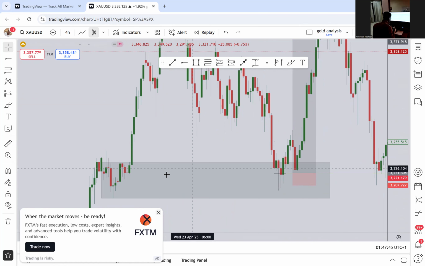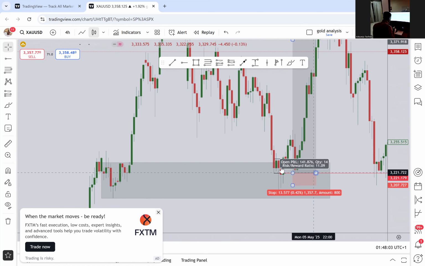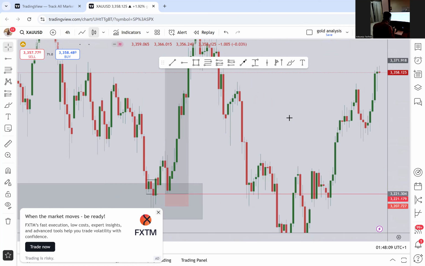So you can see that we have this level of demand, price tapped it, but it kind of tapped this low and then came for this demand below, and then went ahead, broke this first tap of this demand, and then it came back inside of this demand on the 4 hours and it started pushing up. So basically that's it.